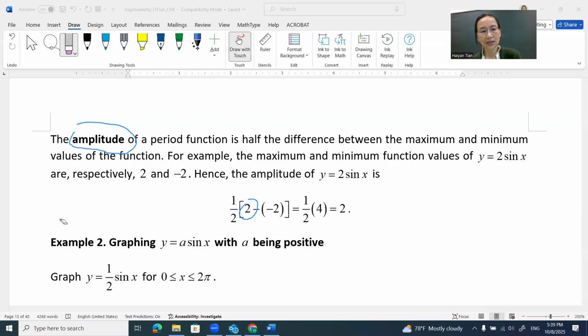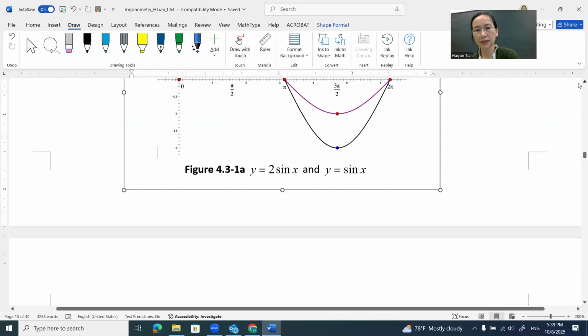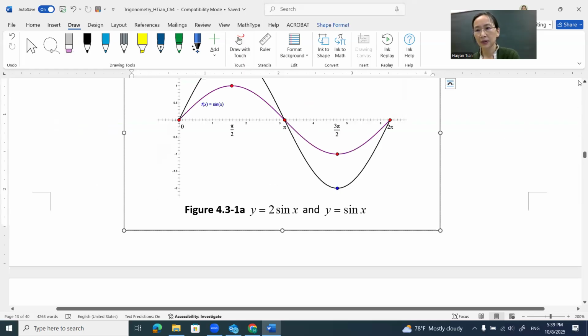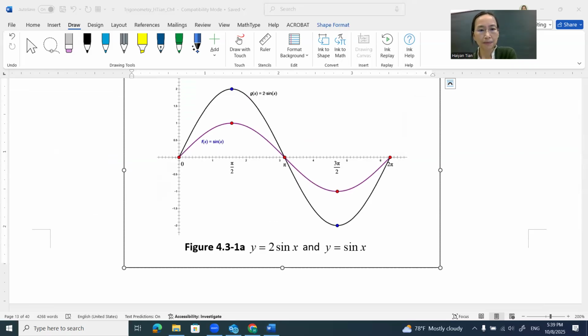So if we go back to the graph of the function, for the basic sine function, the maximum value, the y value, is 1.